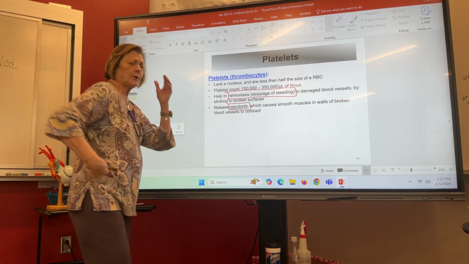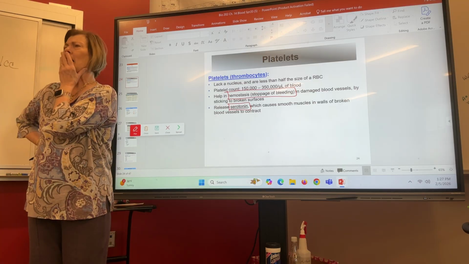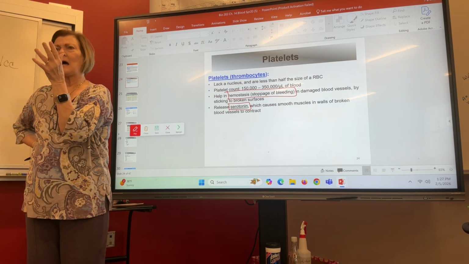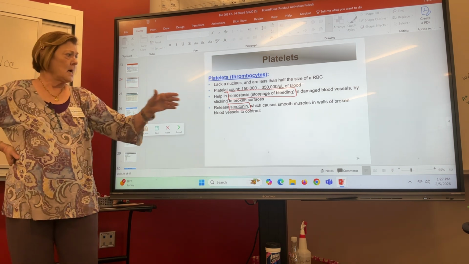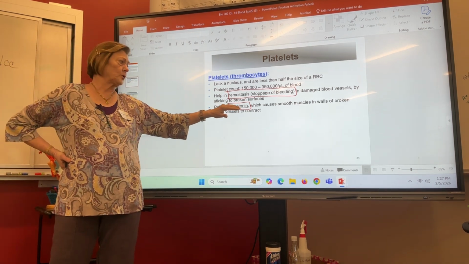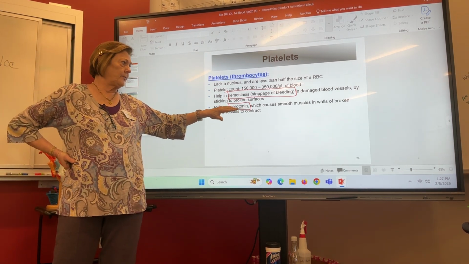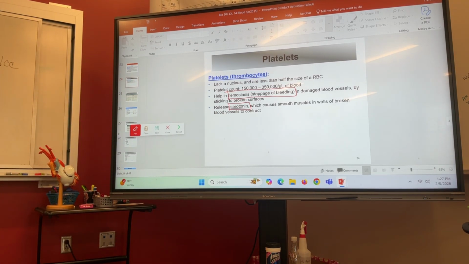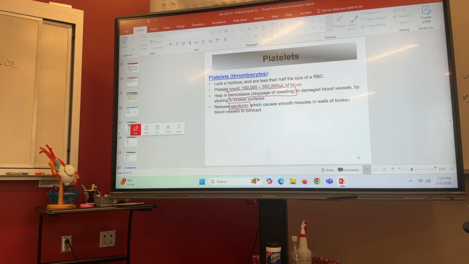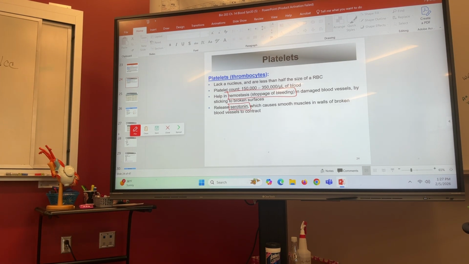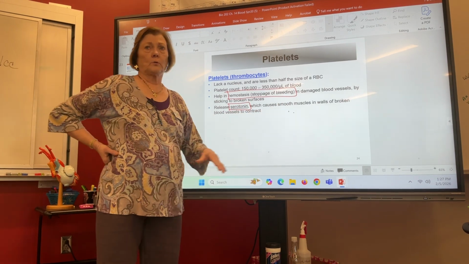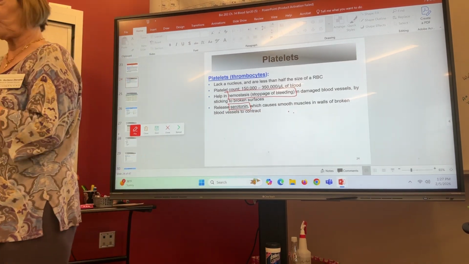This morning I was lecturing and I thought, is this an enzyme or is it, and I could not remember, so I'm going to pretend it's an enzyme, or I could just say substance. But a damaged blood vessel secretes this substance, serotonin. Serotonin causes smooth muscle to contract.